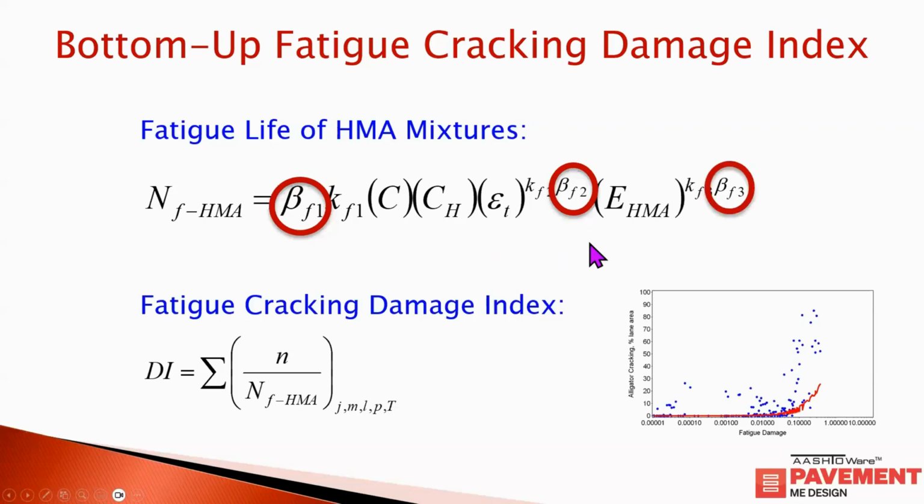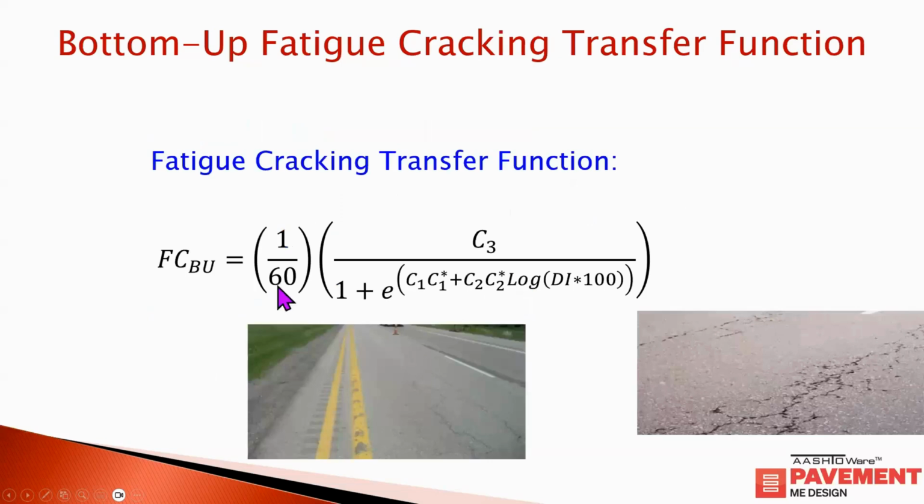And finally, the asphalt dynamic modulus beta F3 coefficient. So that's to calculate N, which goes into the damage index. And then the damage index goes into the actual fatigue cracking transfer function. So then you also have C1, C2, C3 coefficients within the transfer function.